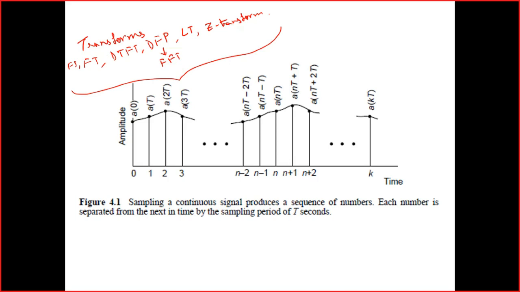Now, while discussing the basics of digital filtering, we will mainly be discussing the Z transform, and we will take some information from the Laplace transform, and we will see how understanding the Laplace transform helps us in understanding the design of digital filters, which is performed using the Z transform.